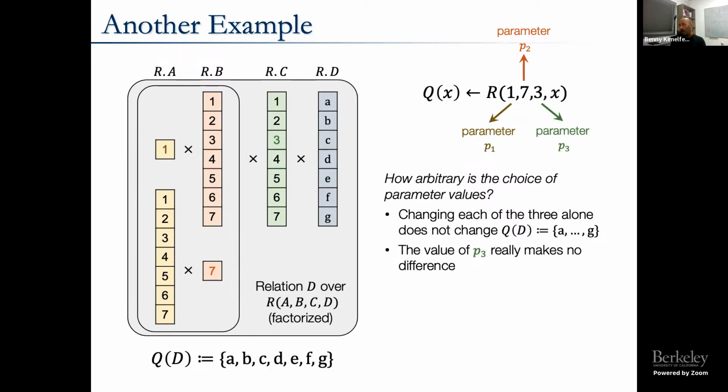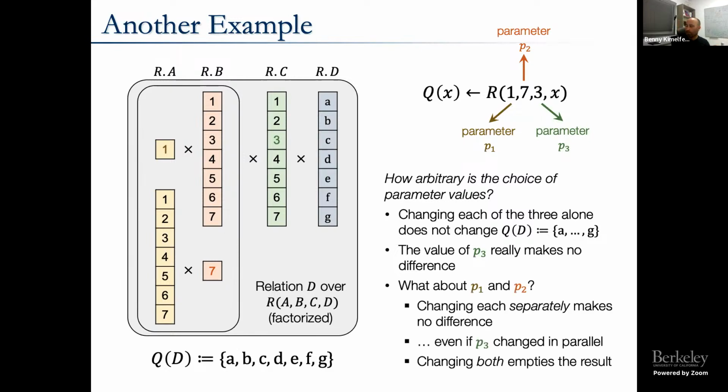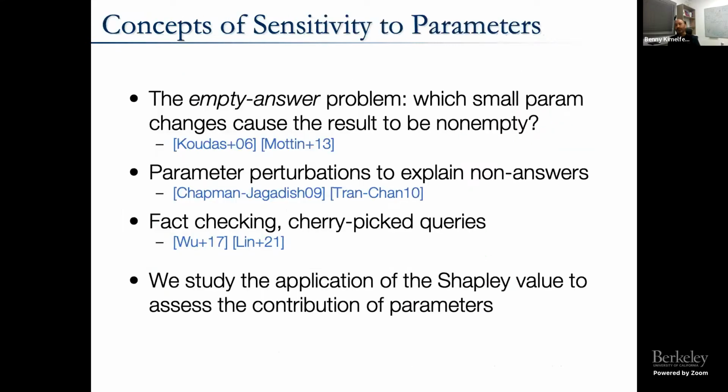And yet, while P3 behaves totally symmetrically to the other possibilities, if we change P1 and P2 at the same time, then suddenly the answer becomes empty. So we want to be able to quantify the contribution or the importance of these parameter values.